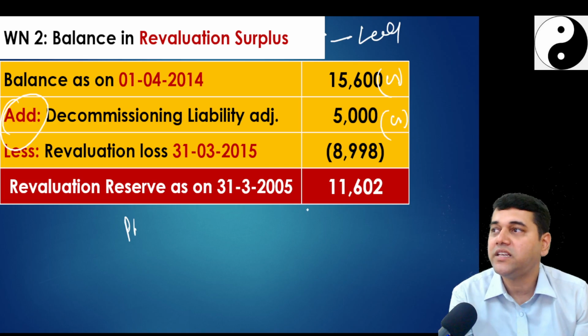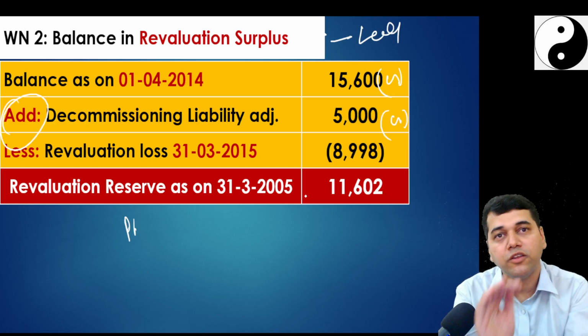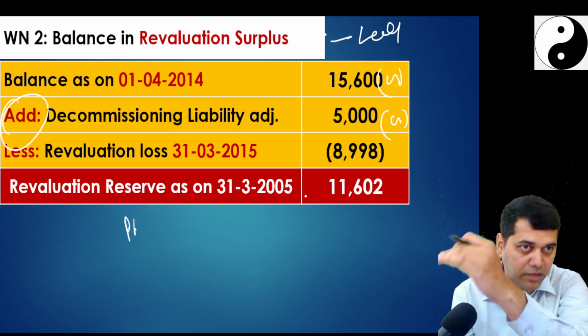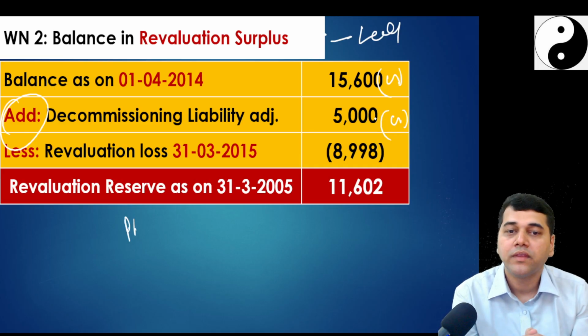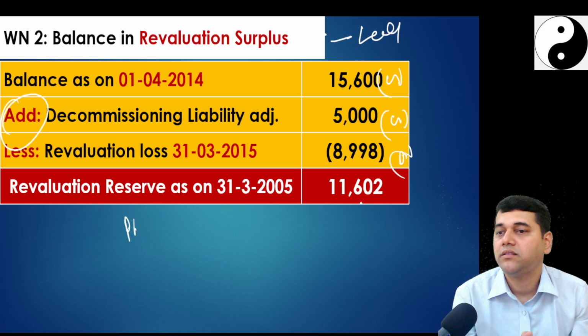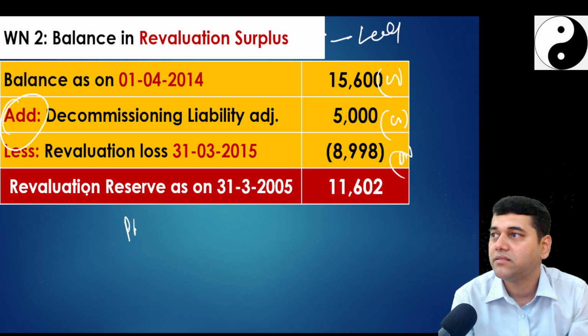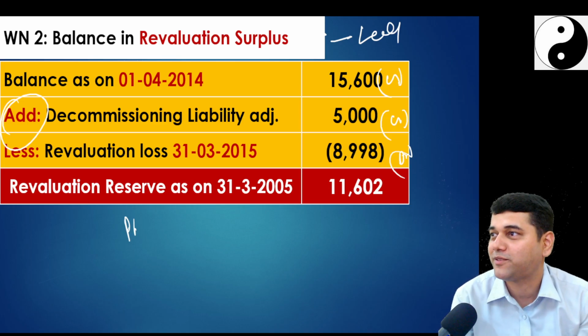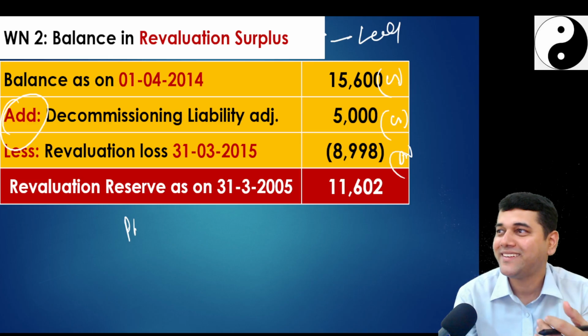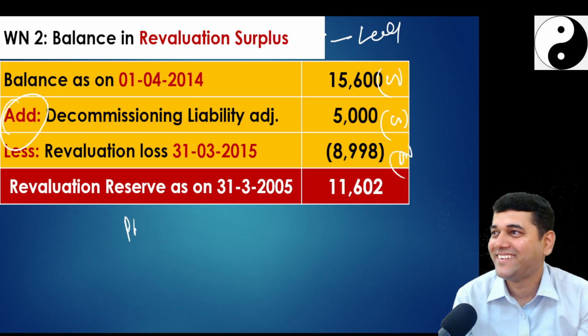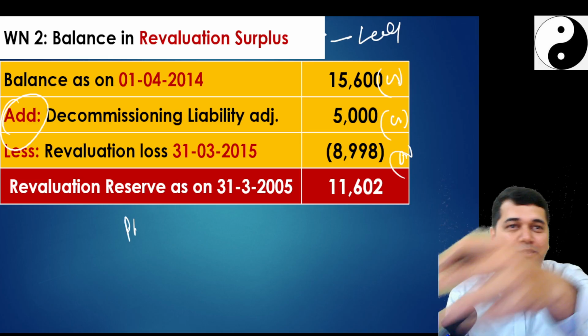And then third, revaluation loss you incurred: revaluation surplus to PPE debit. That's why add less to revaluation surplus, no? You only told me. Under the revaluation model, what entry do I need to pass? You only told me, right?